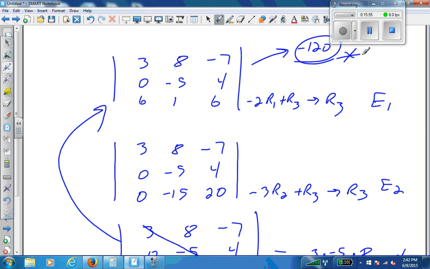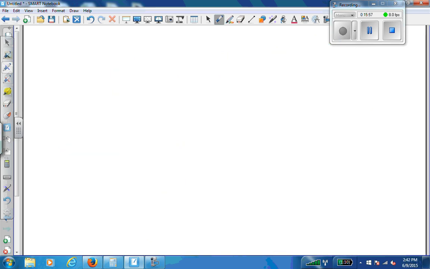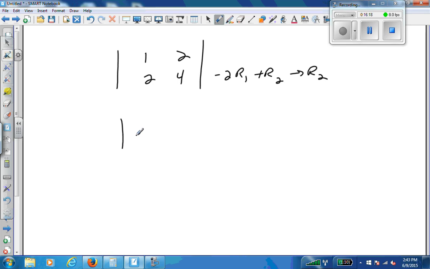Now, one thing that's mentioned, let's observe this determinant. Notice that this row is a multiple of this row. So if we were to take negative 2 times the first row, add it to the second row to get our new second row, we would have that still the same. Negative 2 plus 2 is 0. Negative 2 times 2 is negative 4, plus 4 is 0.